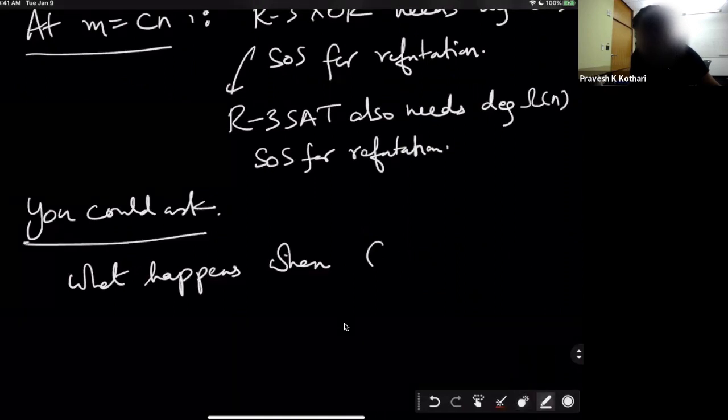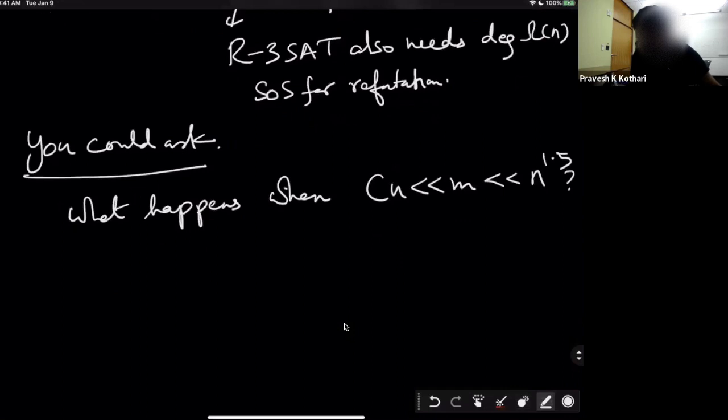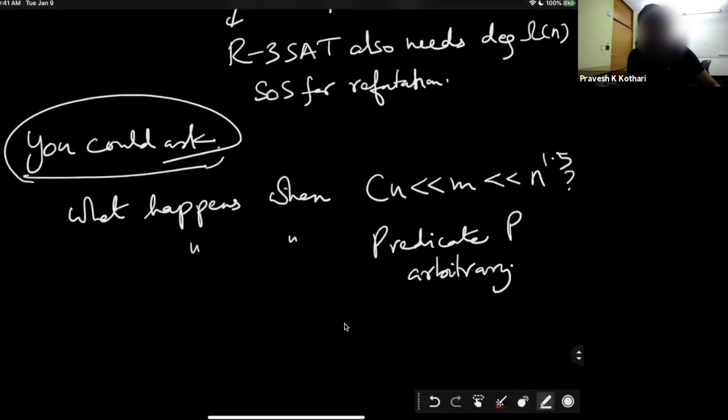So, let's say m is bigger than some constant times n, but smaller than n to the 1.5. You could also ask what happens when predicate P is different. It turns out that we understand the answer to such questions completely now, even though we will not actually cover them in the class.